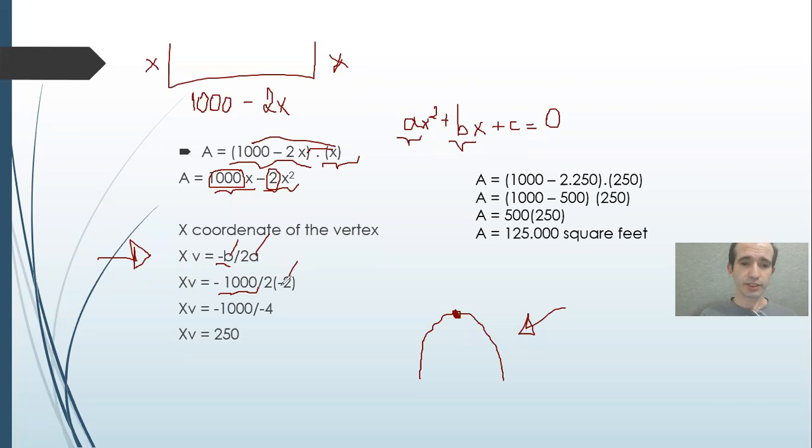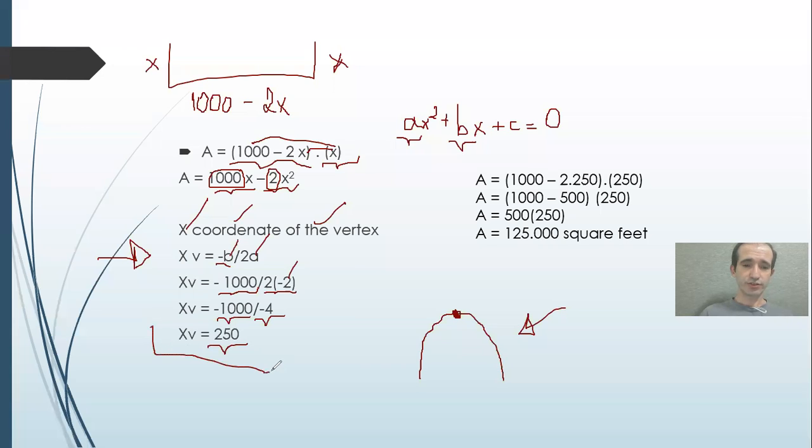And then doing the math, you multiply 2 times minus 2, we get minus 4, and then we do the division: minus 1000 divided by minus 4, we get 250. It is the x coordinate of the vertex.